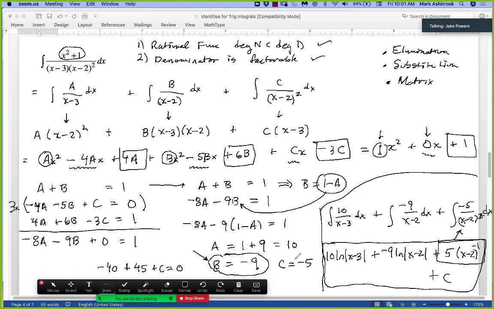I have a question about when you took the coefficients and made the 3 equations. Why didn't you include the x squared and x's? Because we're just solving for the coefficients. I could have: ax squared plus bx squared equals x squared. But then we're trying to get the coefficients, so those would go away.